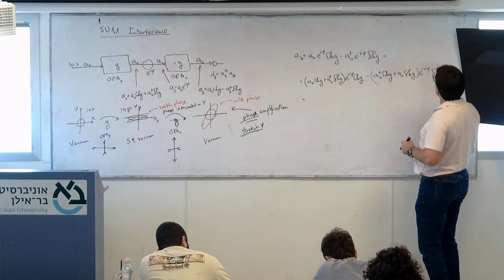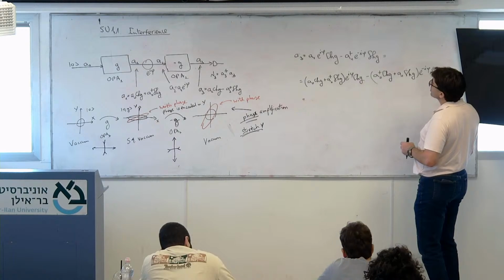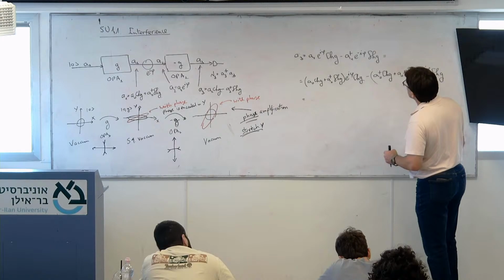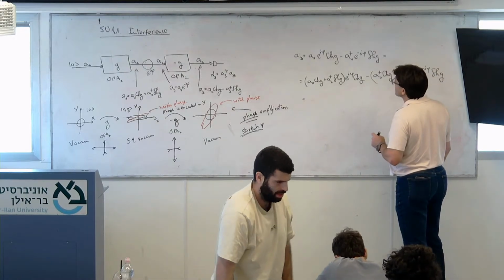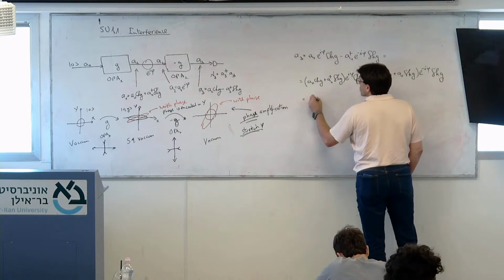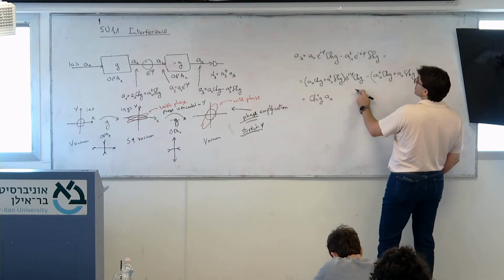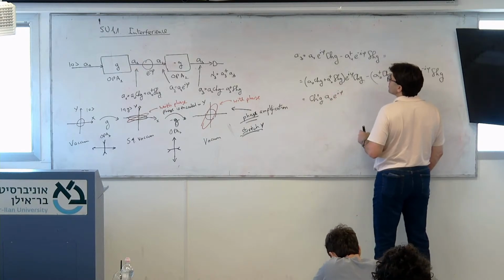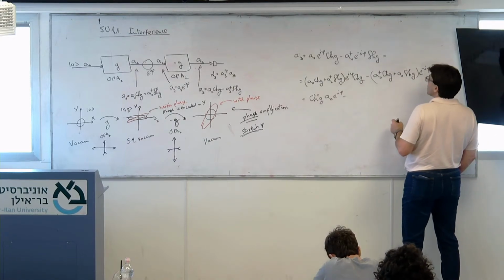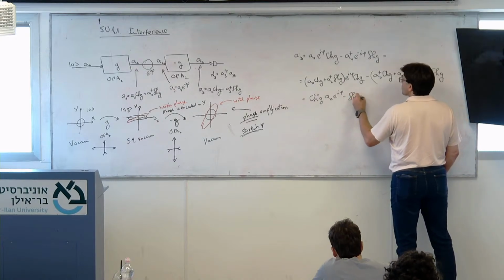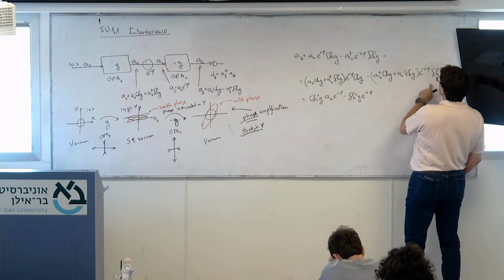We will have hyperbolic cosine squared g times A0 times e to the i phi, plus minus hyperbolic sine squared g times e to the minus i phi, times the same A0.